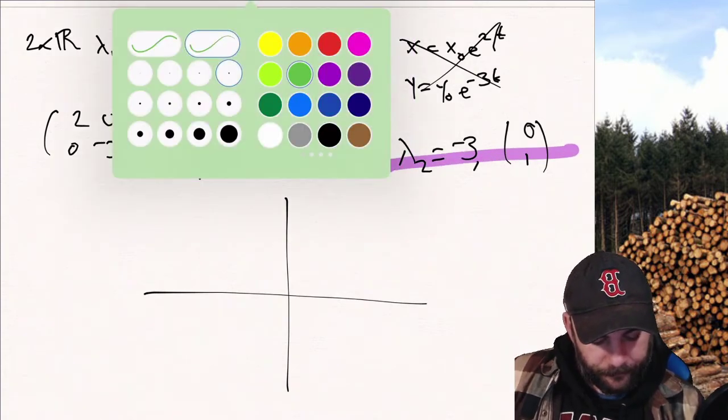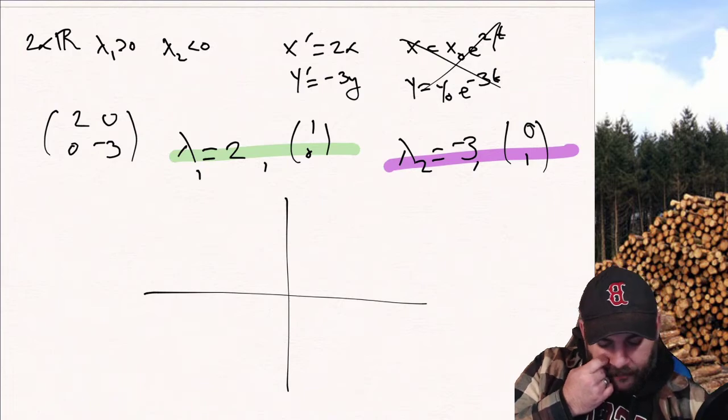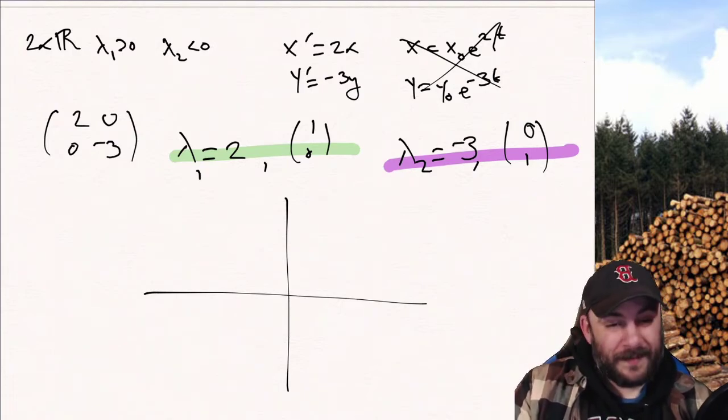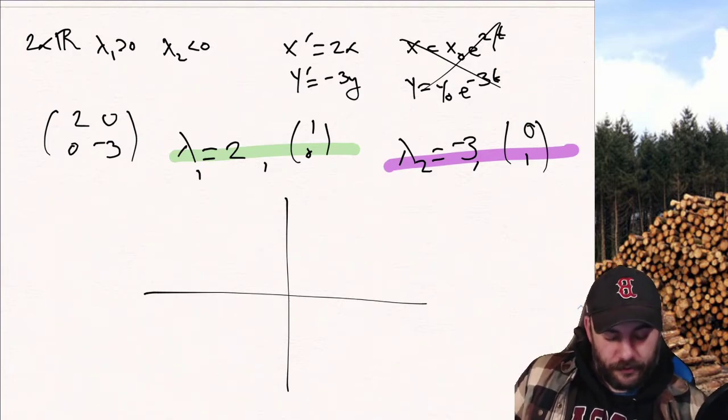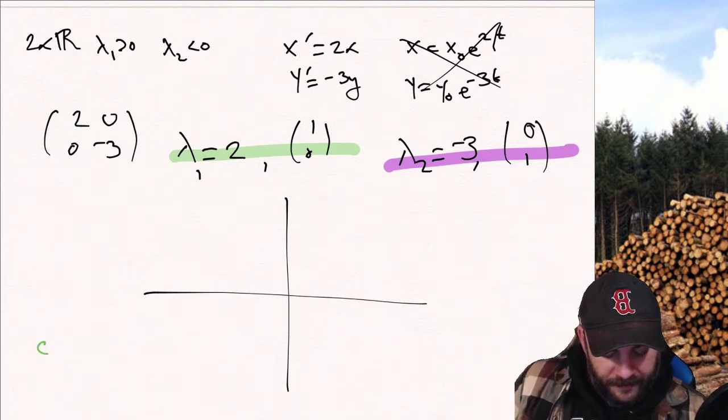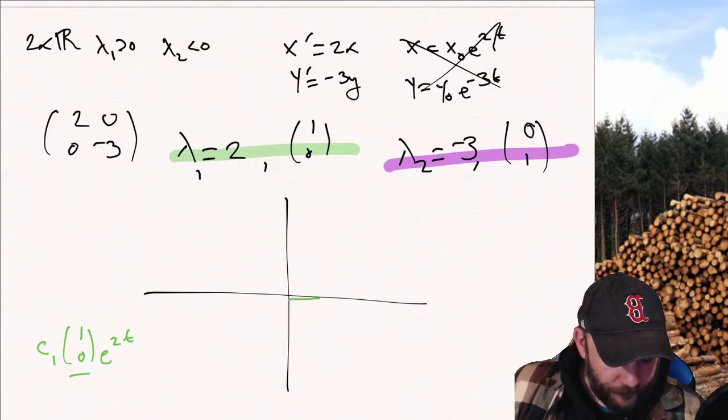All right. So if we take a look at this, what is the contribution to the solution from the dark green one? It is any constant times (1, 0) times e to the 2t. So I'm going to draw my vector (1, 0). I'm going to scale it by the constant, so it can go all the way up there and all the way down there.